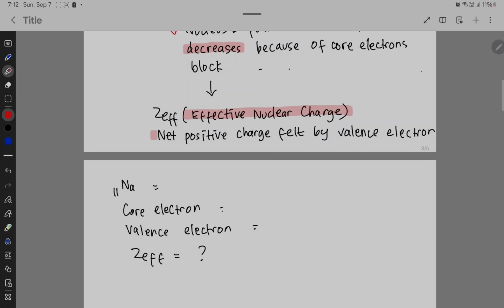This means the net positive charge felt by the valence electron.